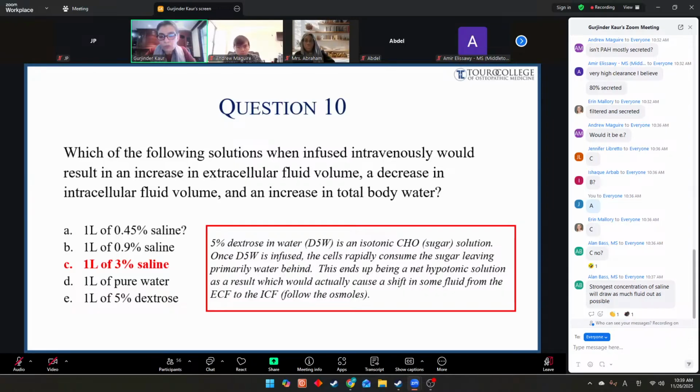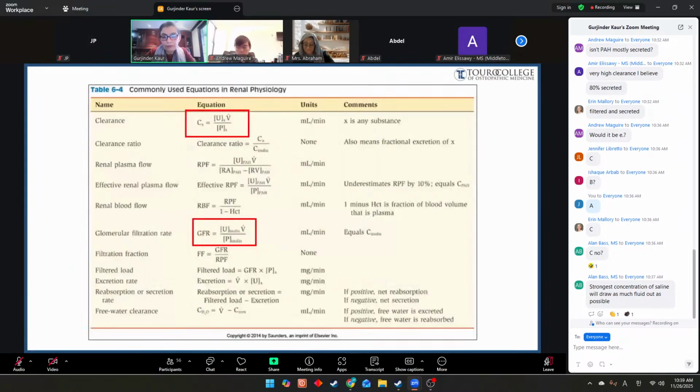Ellen, what's your question? I was saying that you got to be ready, the question can be any, but the formula is the same. If I go back here, what I was trying to say, if I give you a question for clearance in the exam, this is your formula, right? What is there in the urine, what is the urine flow rate, and what did you inject in the plasma, or how much of the molecule is there in the plasma?